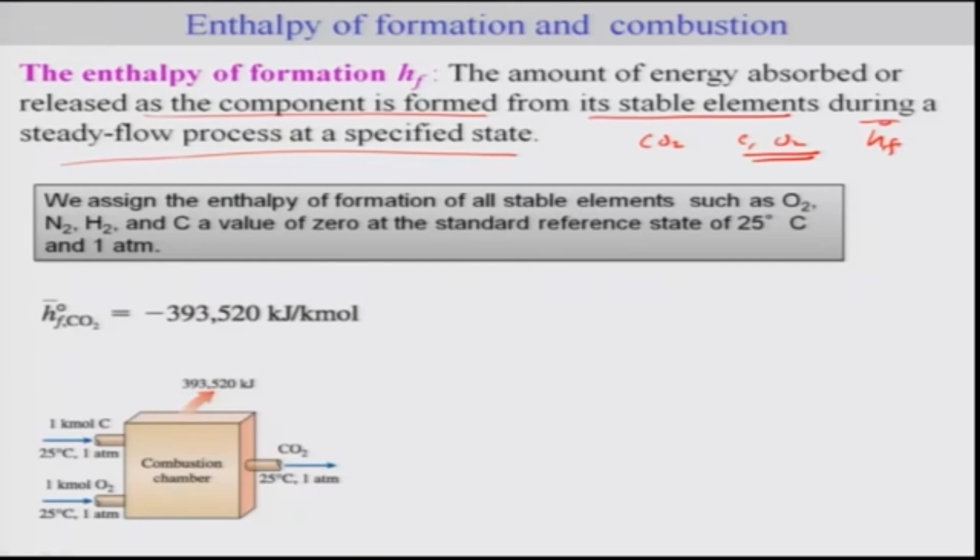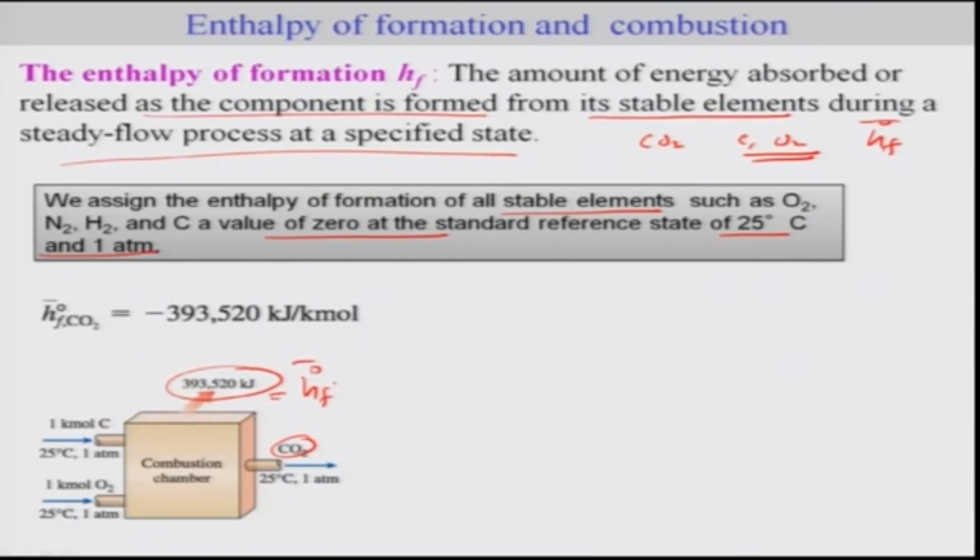For the generalization or usage of this enthalpy of formation, we assign the enthalpy of formation for all stable elements such as O2, N2, H2, C a value of 0 at the standard reference state of 25 degrees Celsius and 1 atmosphere. Based on this definition, it is very clear that for the case of CO2, this amount is nothing but HF0 at 25.